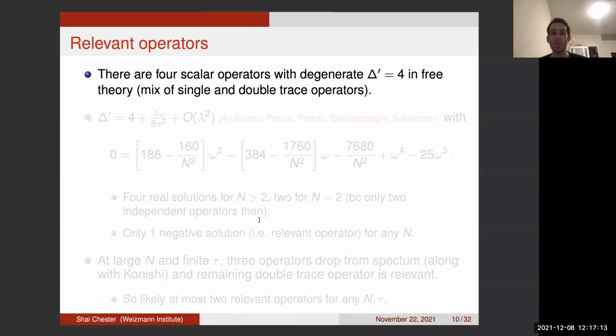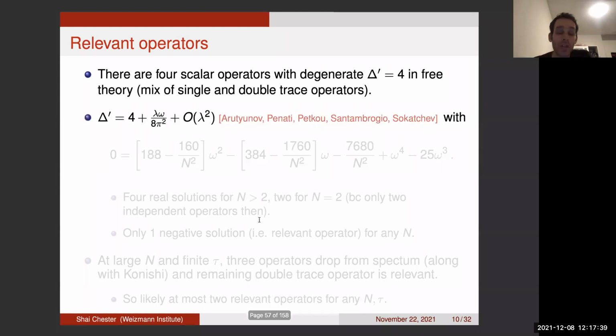Okay, so as usual in the bootstrap, you want to know how many relevant operators there are. So let's discuss the number of relevant operators when N=4 supersymmetric Yang-Mills. We already spoke about one relevant operator, which is the Konishi, which at weak coupling has dimension 2. So it's below 4. To see what the next relevant operators are, let's look at weak coupling. The next lowest operators are dimension 4 and spin 0. At weak coupling, there are 4 of them.